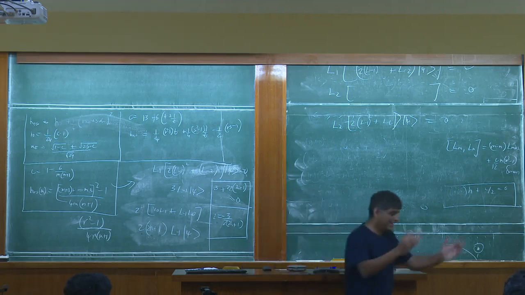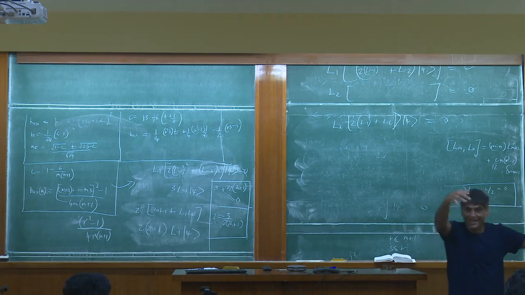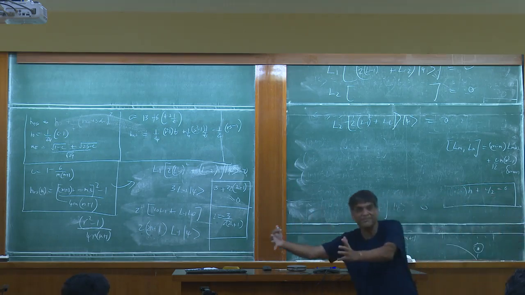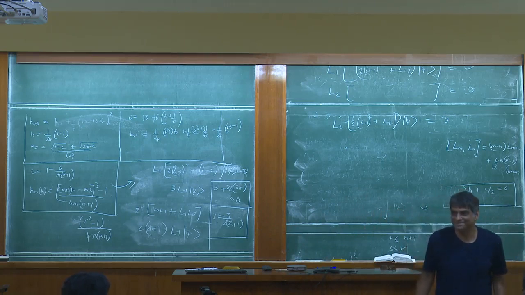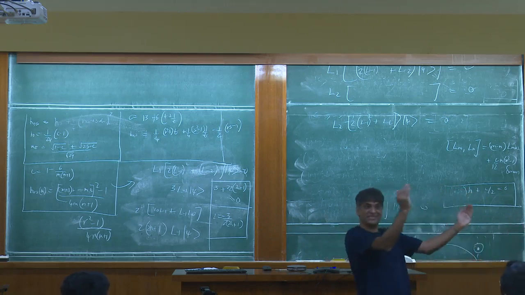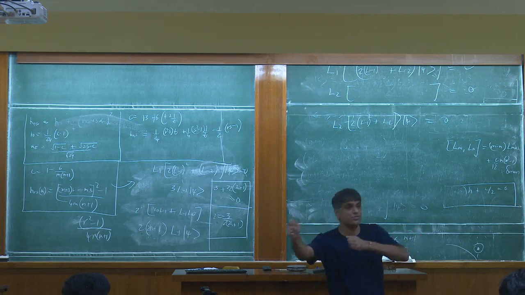Okay? You get some number made out of h1, h2 and h times an expression. And that number has to vanish. You can get many expressions, but it's always the same number. Okay? And so you get one constraint, and that constraint is a constraint on h1, h2, and h.